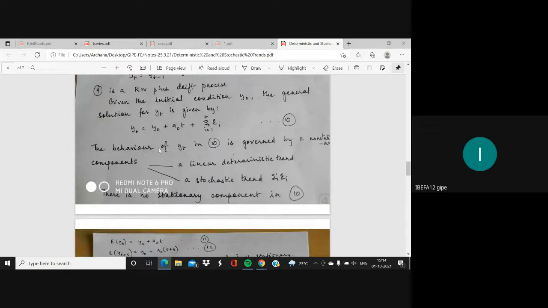Now, if you look at the behavior of yt in equation 10, you can clearly see that yt is governed by two non-stationary components. Now, the reason I'm saying non-stationary is, one, you have a linear deterministic trend.